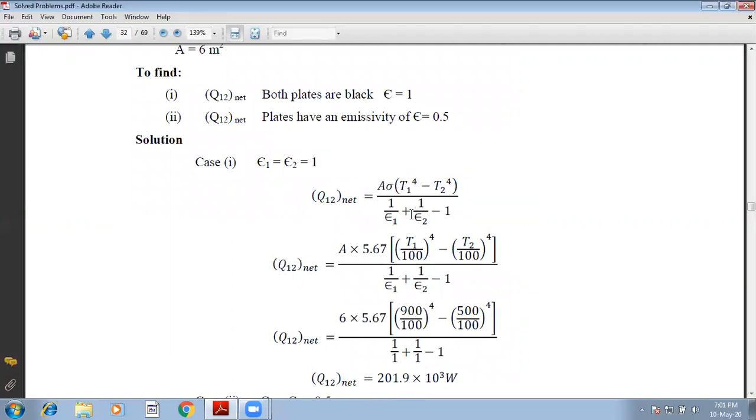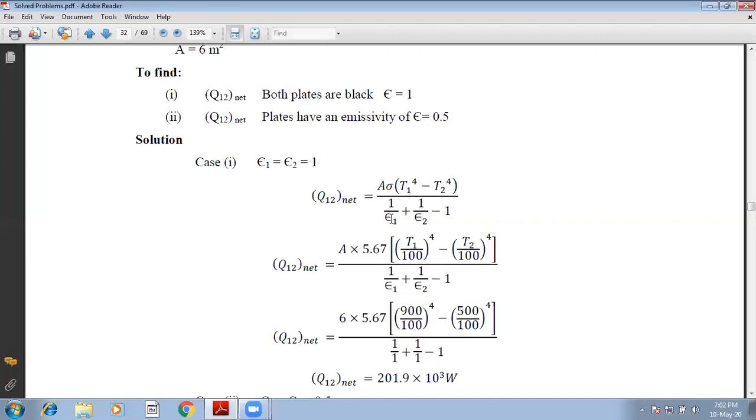So this term is called the equivalent emissivity. Now, if you consider the value of sigma, which is the Stefan-Boltzmann constant, to be 5.67 into 10 to the power minus 8, and area to be 6, and T1 he has given 900, T2 he has given as 500 Kelvin.